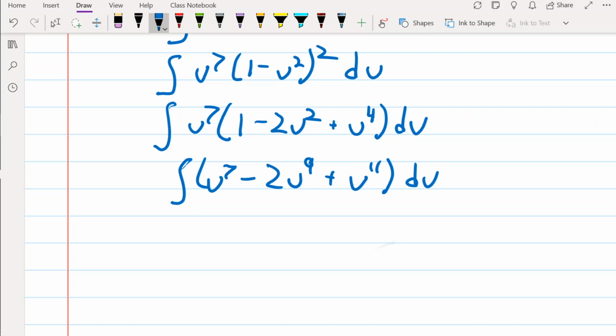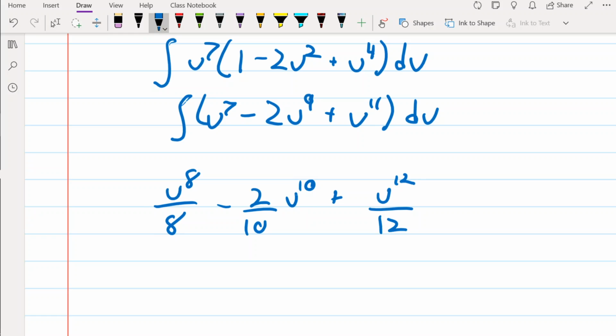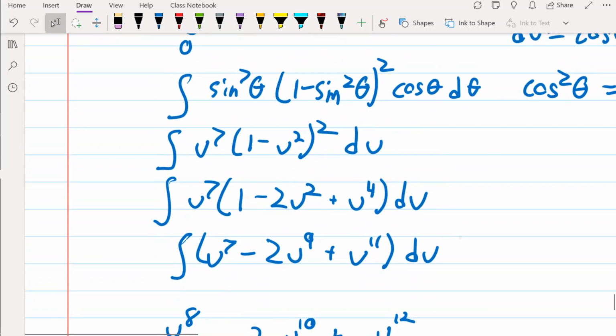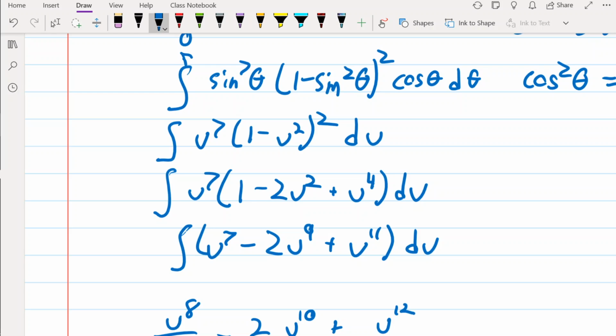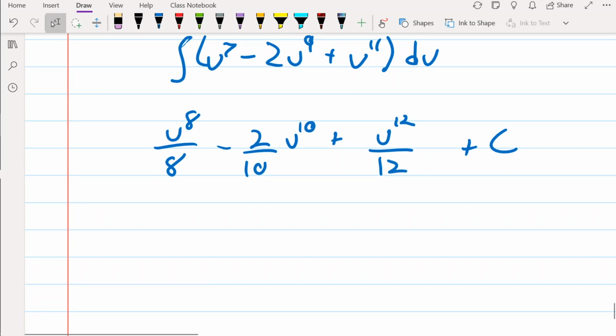Then we want to integrate. So we get u to the 8th over 8 minus 2 over 10 u to the 10th power plus u to the 12th power divided by 12. And of course you want to probably add alpha and beta as fill-ins there, but we'll find the indefinite integral first.